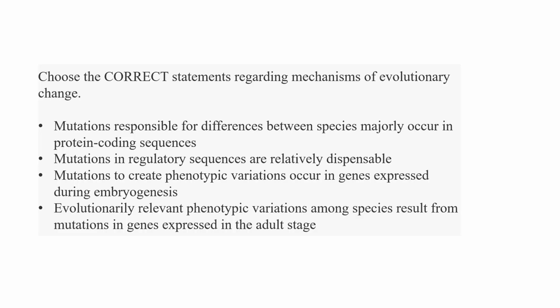If any mutation has to be carried in such a way that it can create a phenotypic variation, then it should happen in embryogenesis only. Otherwise, it won't show the phenotypic difference. Then, evolutionary relevant phenotypic variations among species result from mutations in genes expressed in the adult stage. No, it has to happen in the embryogenesis stage only, or in the initial stages.